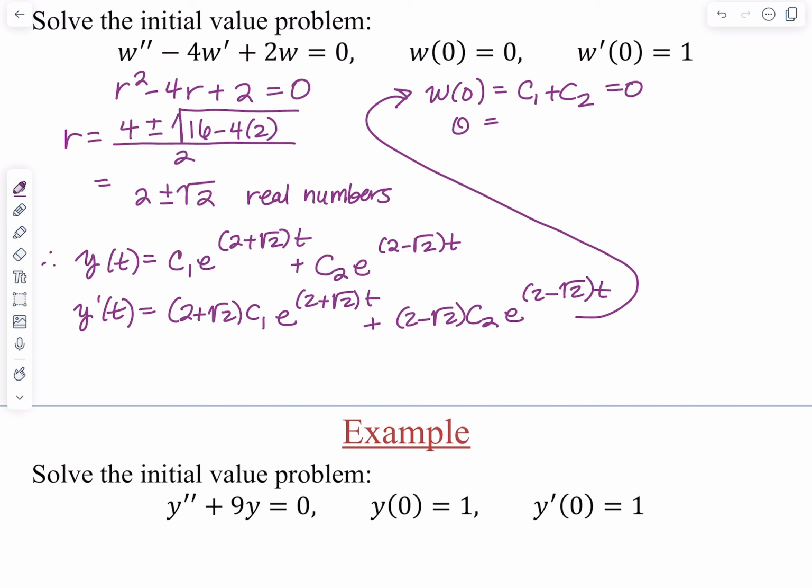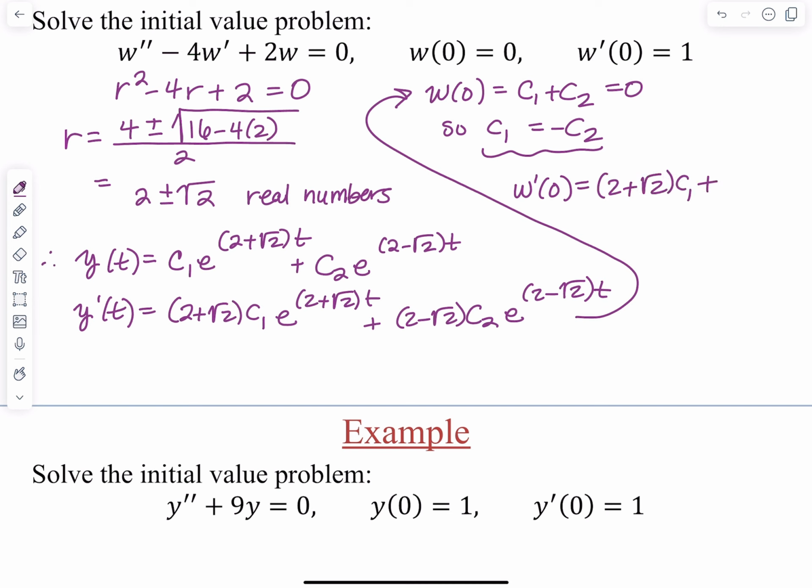So we know that c1 is the opposite of c2. And then we can do the same for w prime of 0. And we can say that that's 2 plus root 2 c1 plus 2 minus root 2 c2. And of course, that's going to be equal to 1.